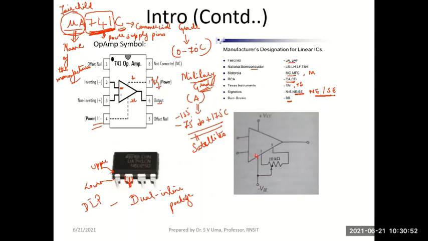I'll take that supply and connect it to the variable terminal of the potentiometer. This 10K potentiometer has 2 fixed terminals, each of which are connected to pins 1 and 5, the offset null pins. And the middle terminal of the potentiometer is connected to the negative power supply.